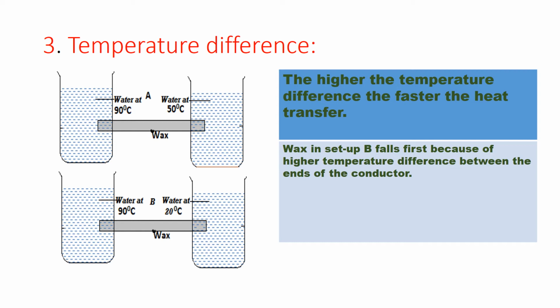You realize that in the second scenario, where the temperature difference is big, the wax will fall fast. Reason: when the temperature difference is big, heat is transferred very fast.